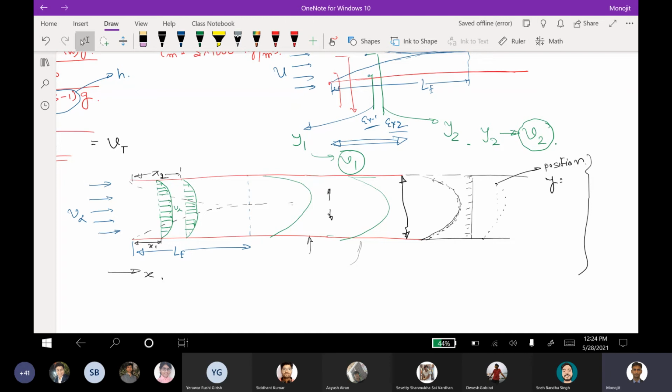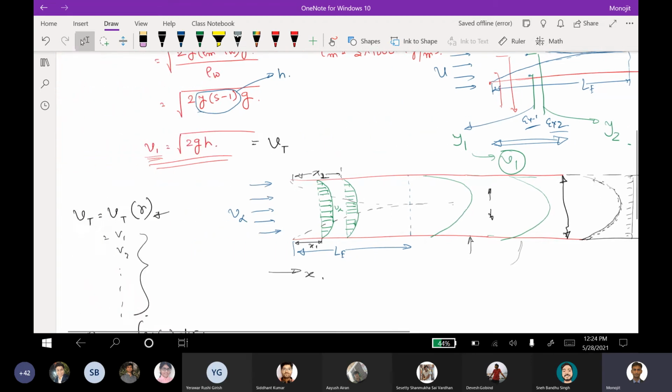I think you know all these things. Even in the absence of any flow, you can see a rise. If you just put a tube vertically, you'll see that the fluid is rising. That is solely because of the surface tension. So that is something which we are neglecting here, which is not accounted for anywhere. That can be one of the reasons.